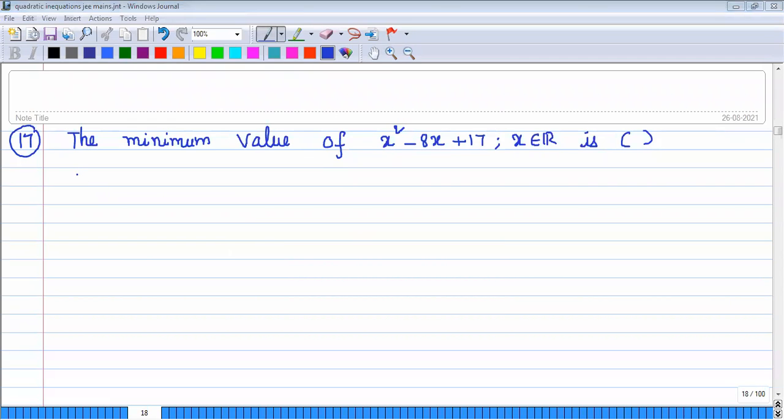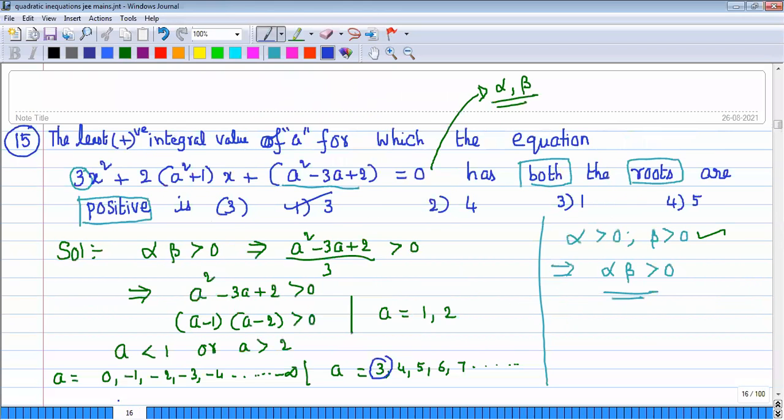First note down the question. First option 17, second option is -1, third option is 1, fourth option is 2.